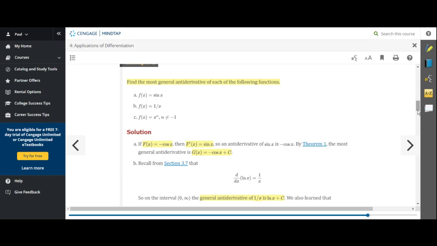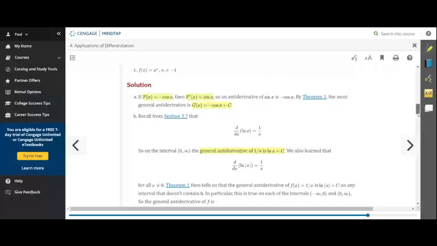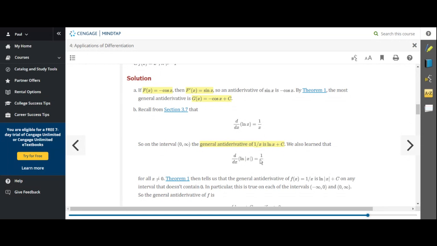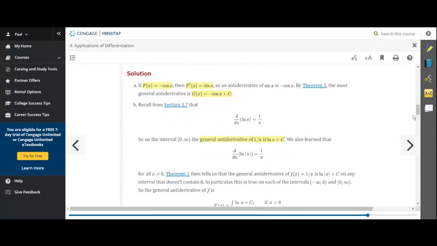However, we have to be a little careful, because the general antiderivative of 1 over x is really the log of the absolute value of x plus c. That's true on any interval that doesn't contain 0.